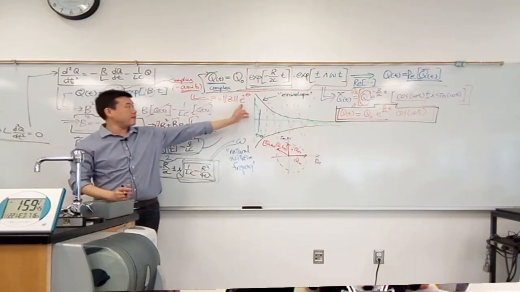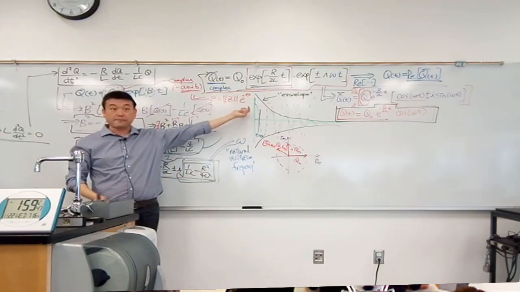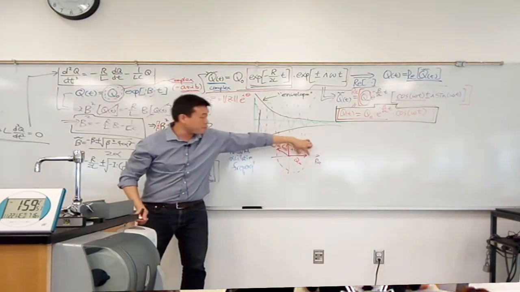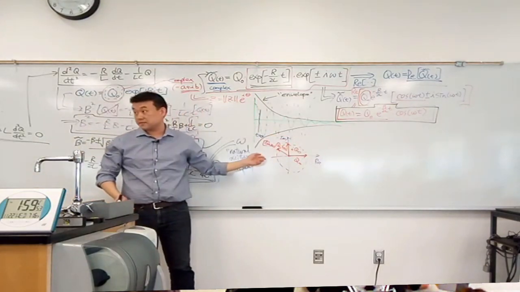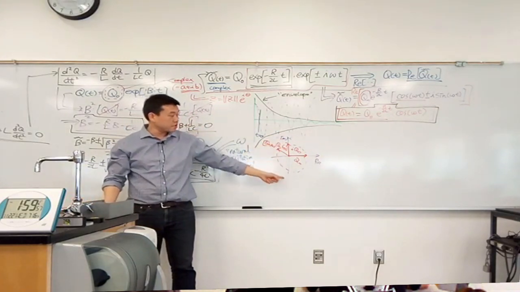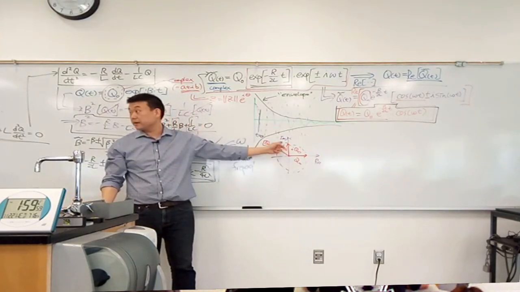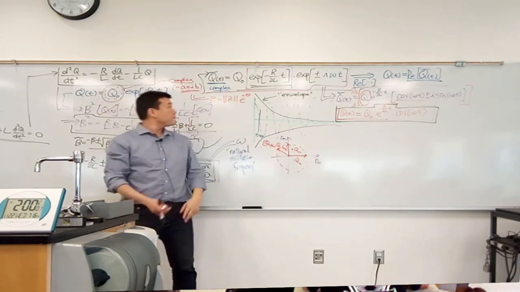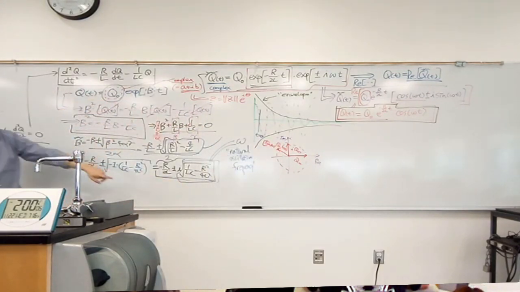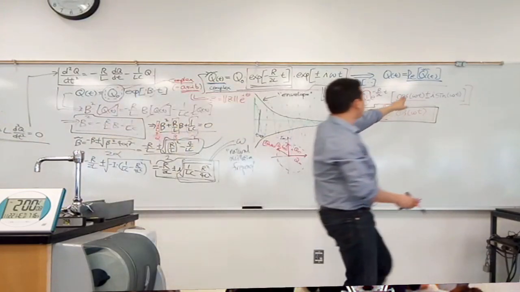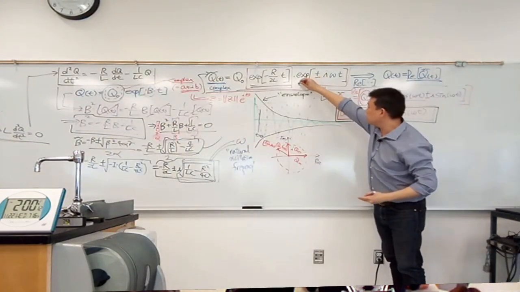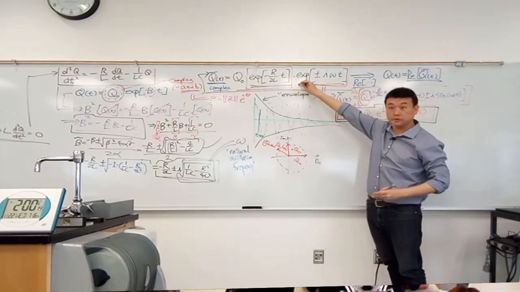And when you write out e to the i theta, that's cosine theta plus i sine theta. The cosine theta portion gives you the projection along the real or x-axis. And the sine theta portion gives you the projection along the y or imaginary axis. So that was the mistake being made. When I was taking the real part here, I couldn't just take the real part of this portion of the expression alone.